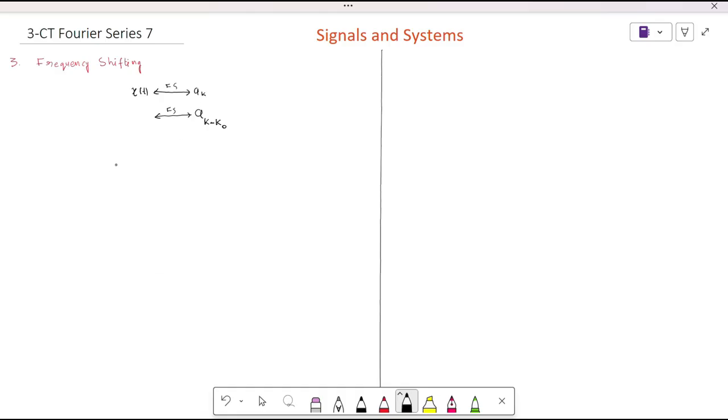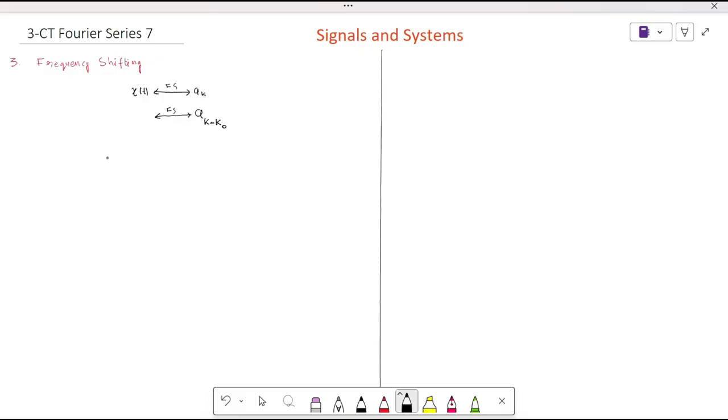First of all, we are finding the signal in time domain. You can take the Fourier series representation formula or the coefficient formula, anything.